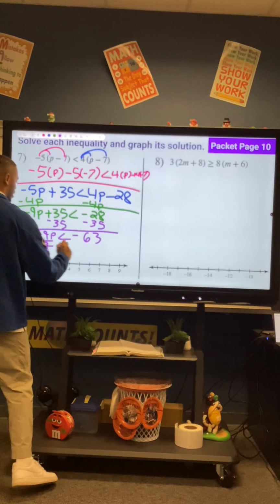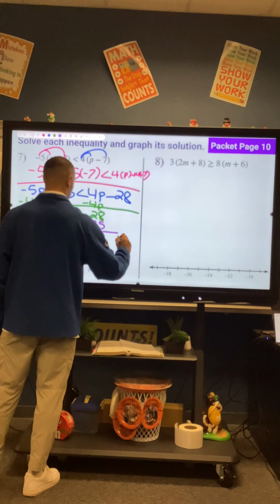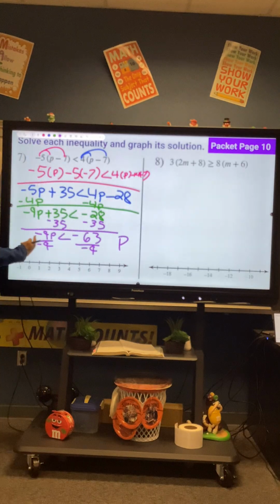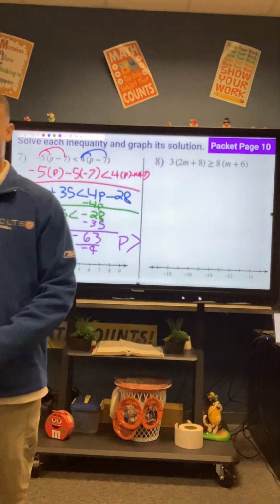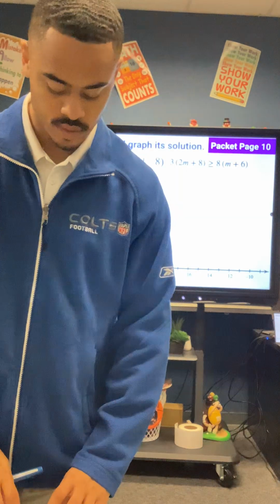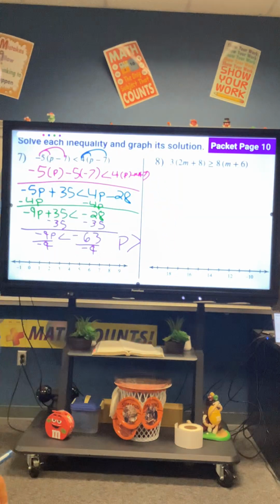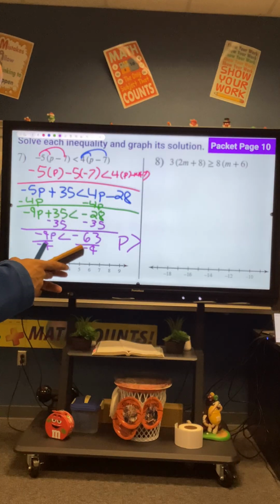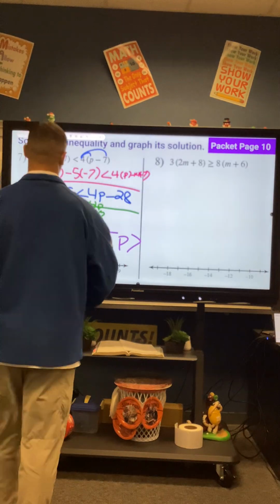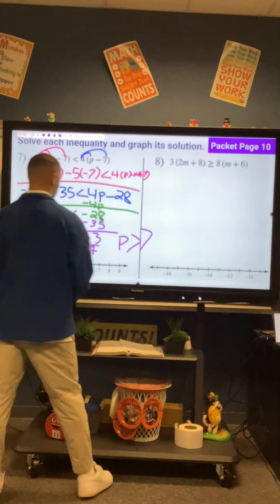Now I divide each side by -9. Remember, since my constant is negative, I have to flip my sign, so now P is greater than, and then what's -63 divided by -9? Seven is my answer.